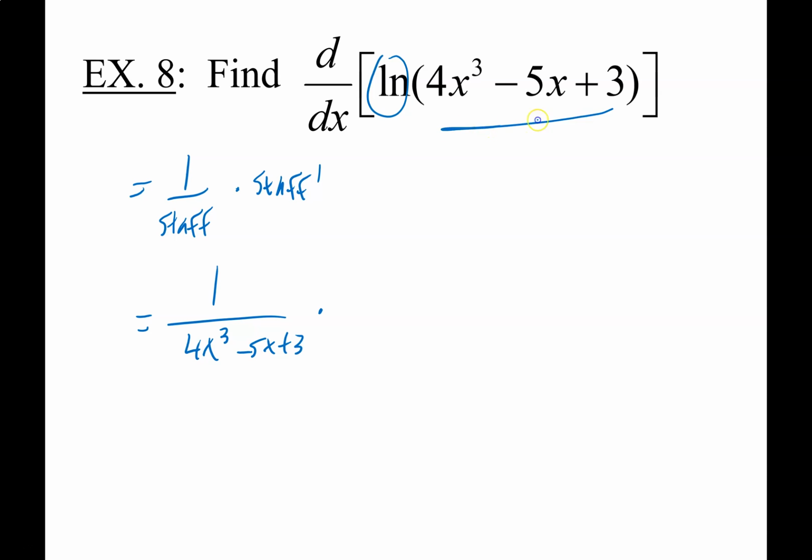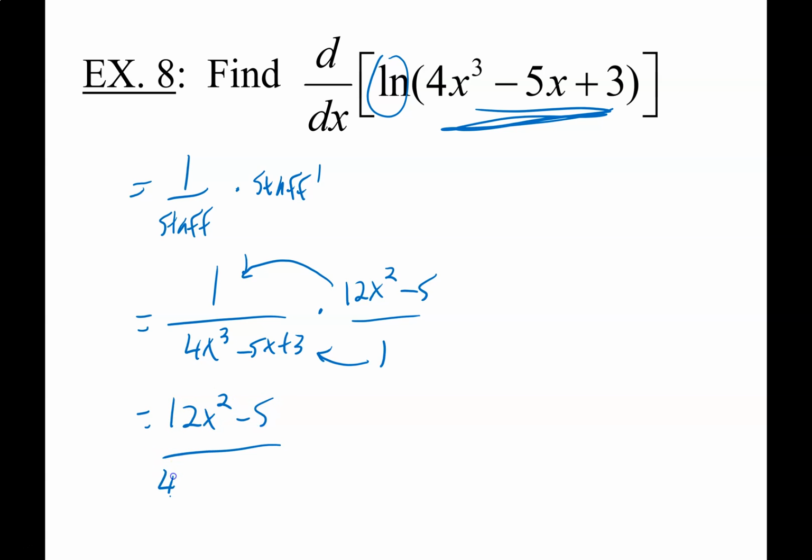Well, that would be, using your power rule, 12x squared minus 5. Put it over 1, top times top, bottom times bottom. I get 12x squared minus 5 over 4x cubed minus 5x plus 3.